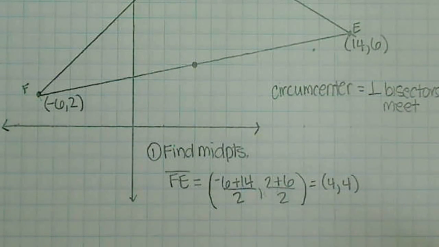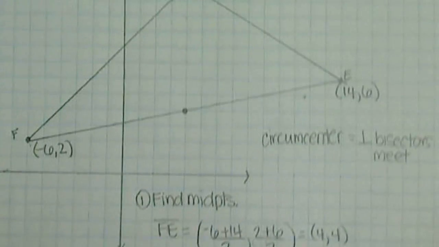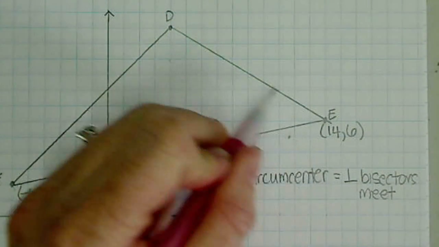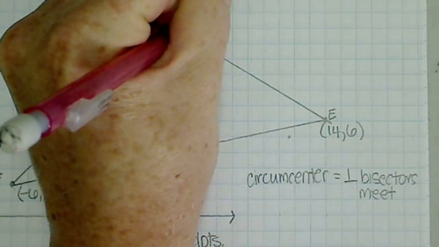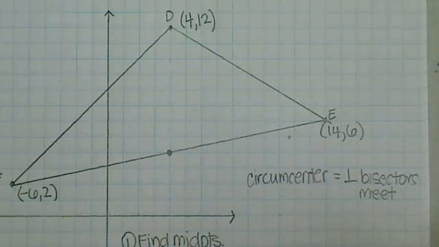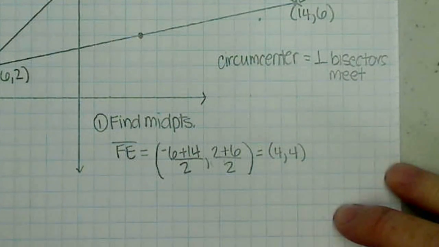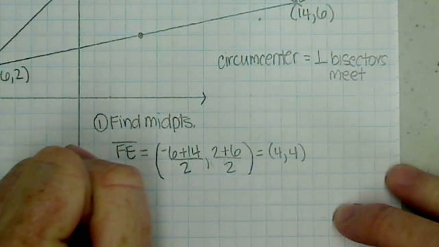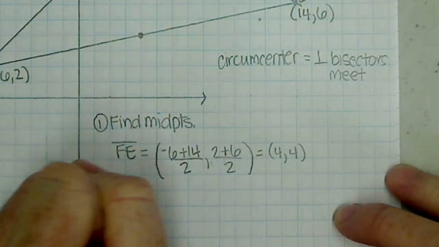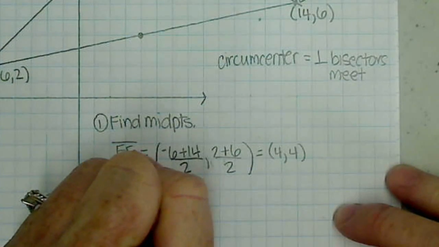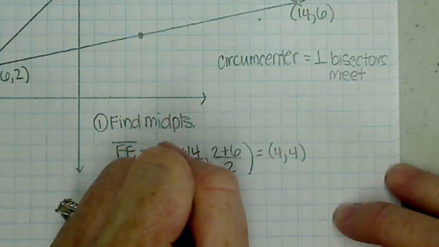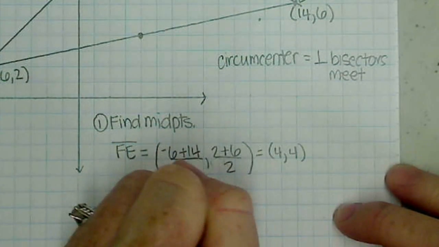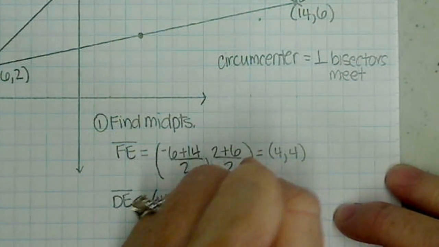Okay? Let's do the same thing with this side right here, DE. D is the point 4, 12. Same formula. So DE is 14 plus 4 divided by 2, 6 plus 12 divided by 2.